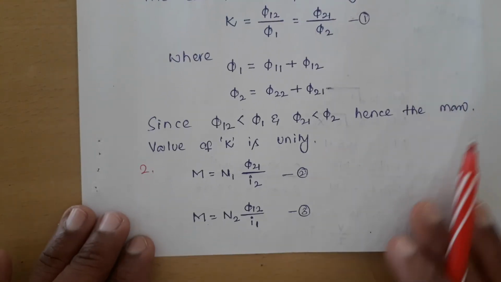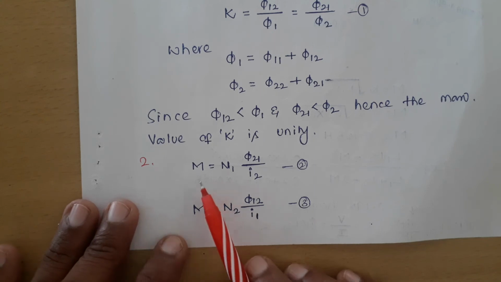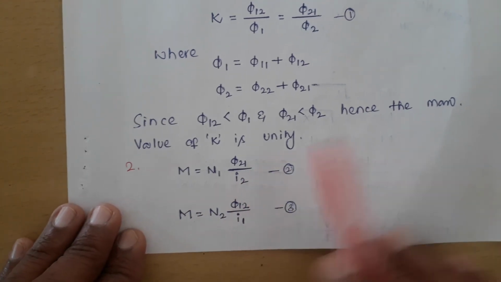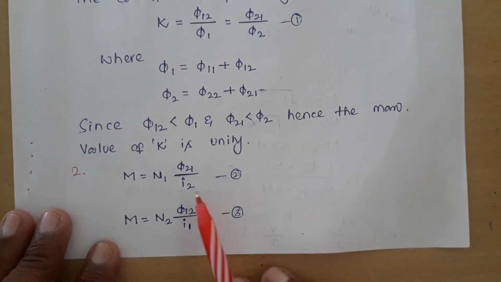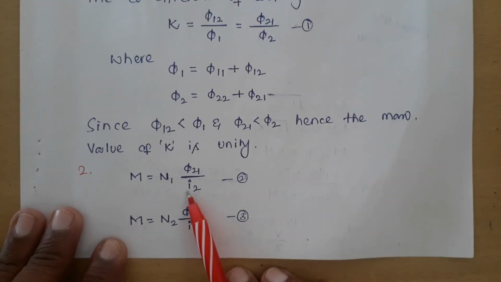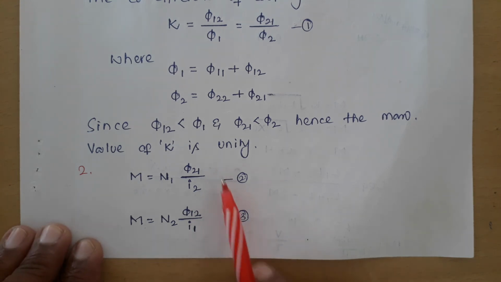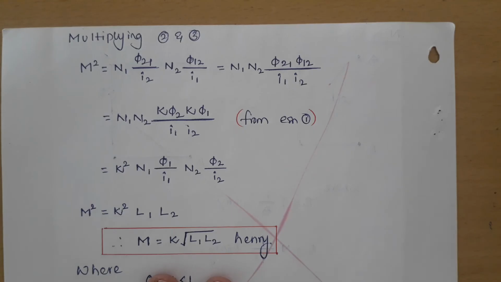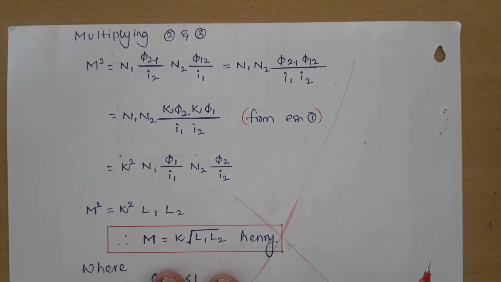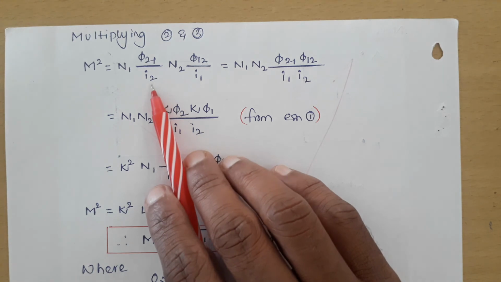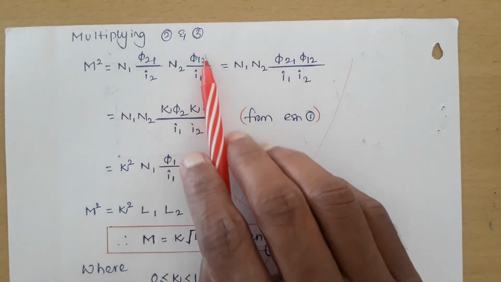So we know the expressions for mutual inductance: M equals N1 phi 21 by I2, and similarly M equals N2 phi 12 by I1. Multiplying the second and third equations, we get M square equals N1 phi 21 by I2 into N2 phi 12 by I1.